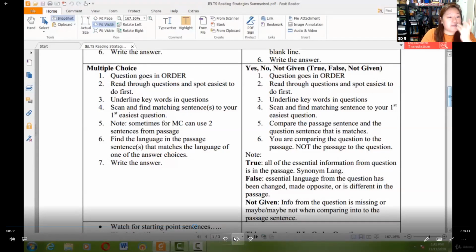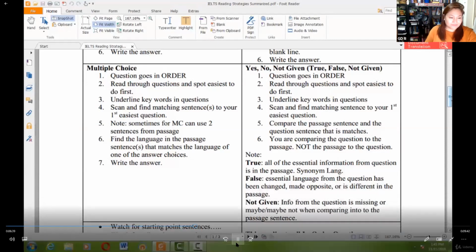That's why for some questions, the strategy is you don't need to read the whole passage. Go directly to paragraph number 1, because if it's question number 1, the questions go in order. So it's easier for you to pinpoint where you can locate the answer. Okay?